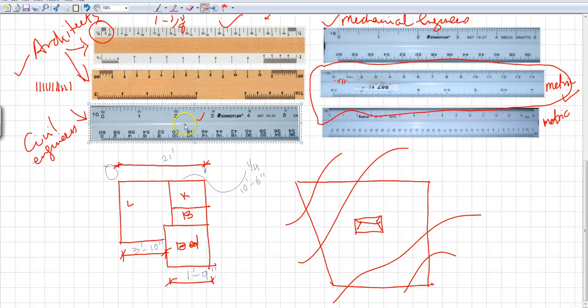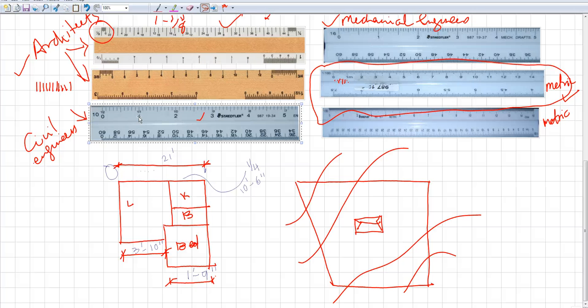So it's really easy to use the engineering scales. Like from 0 to 1, it could stand for either 10 feet, it could stand for 100 feet, it could stand for 1,000 feet, it could even stand for 1,000 miles.